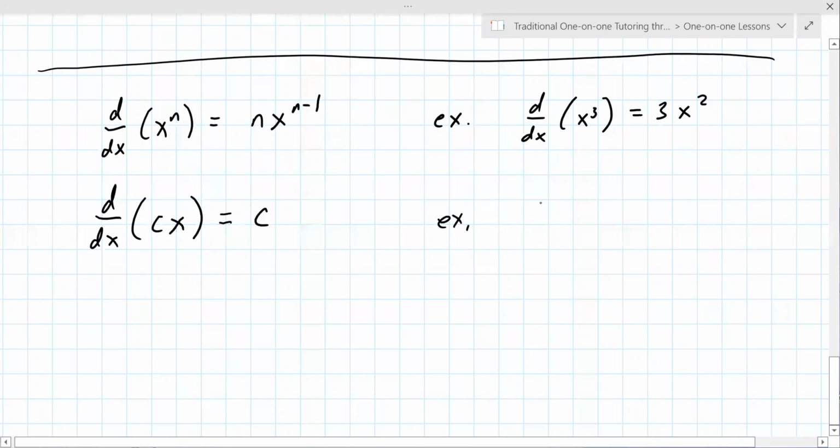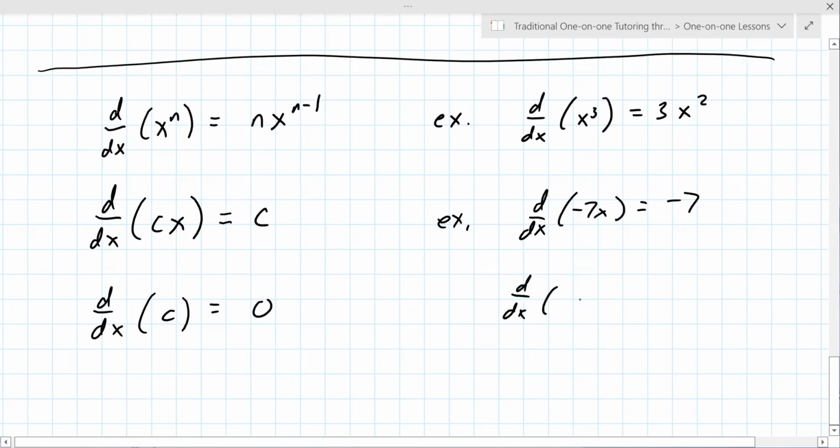So d/dx of -7x is -7. And d/dx of a constant is 0, so the derivative of pi is 0. This is probably enough to get us through the next few problems.